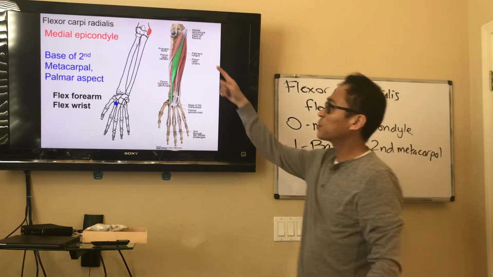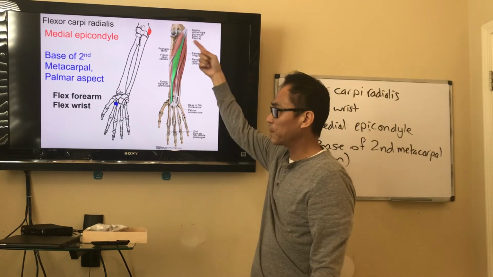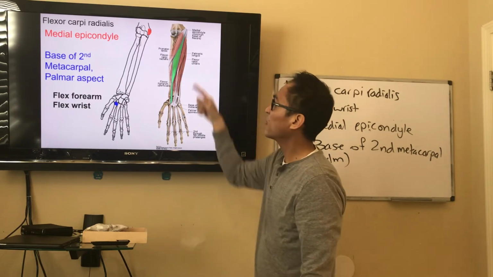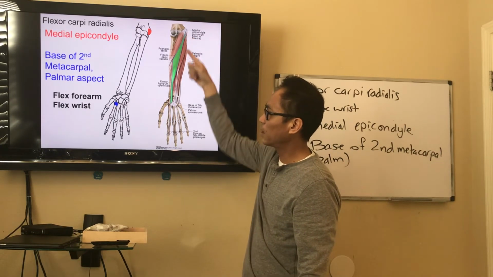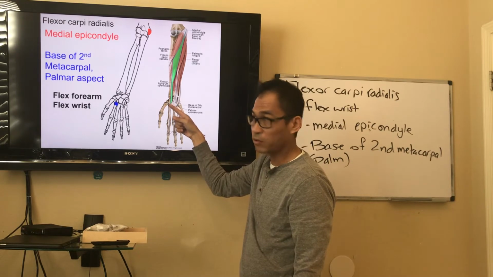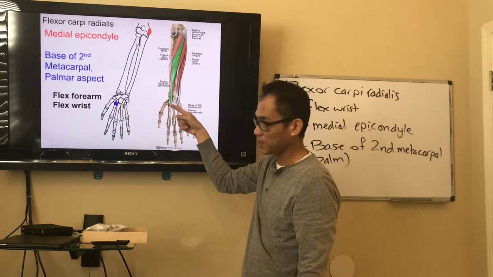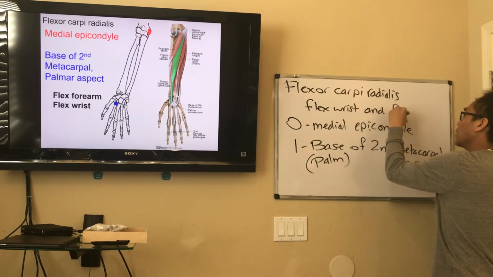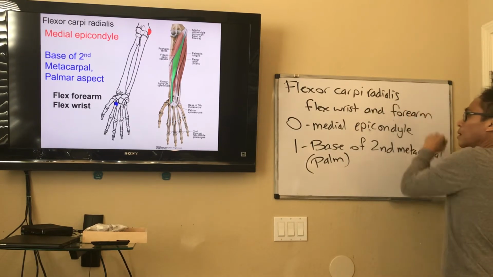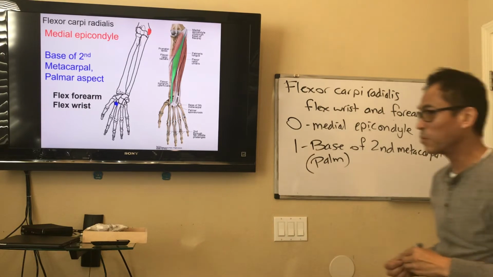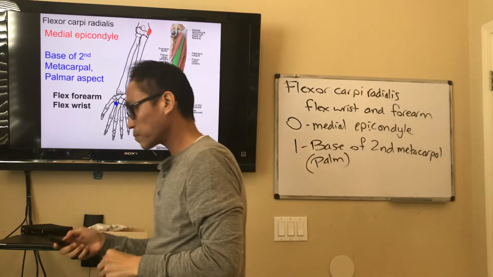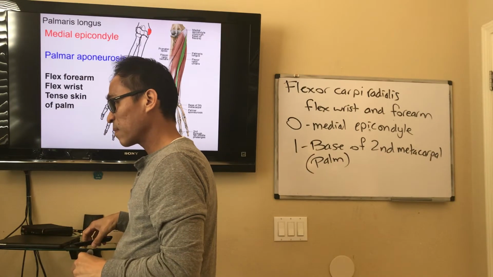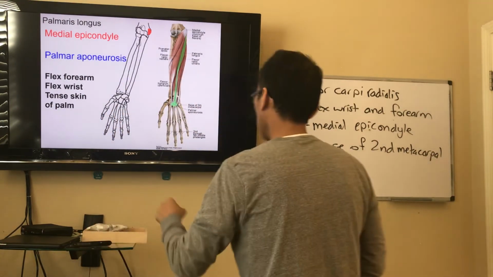These aren't the most powerful elbow flexors, but they do help flex forearm, so I will list both. It does cross the elbow joint. It does cross the wrist joint, crossing 2 joints, elbow and wrist. And forearm. Moving on. Palmaris longus.